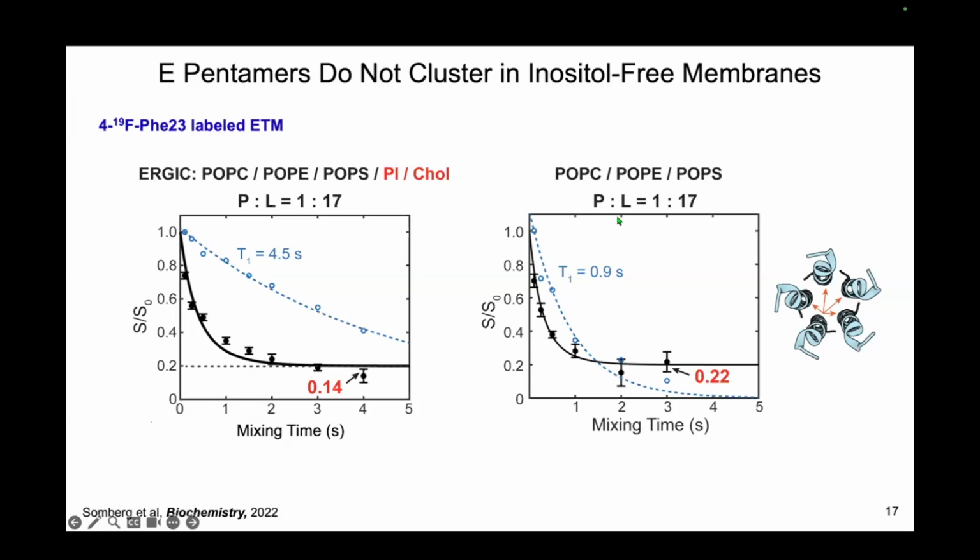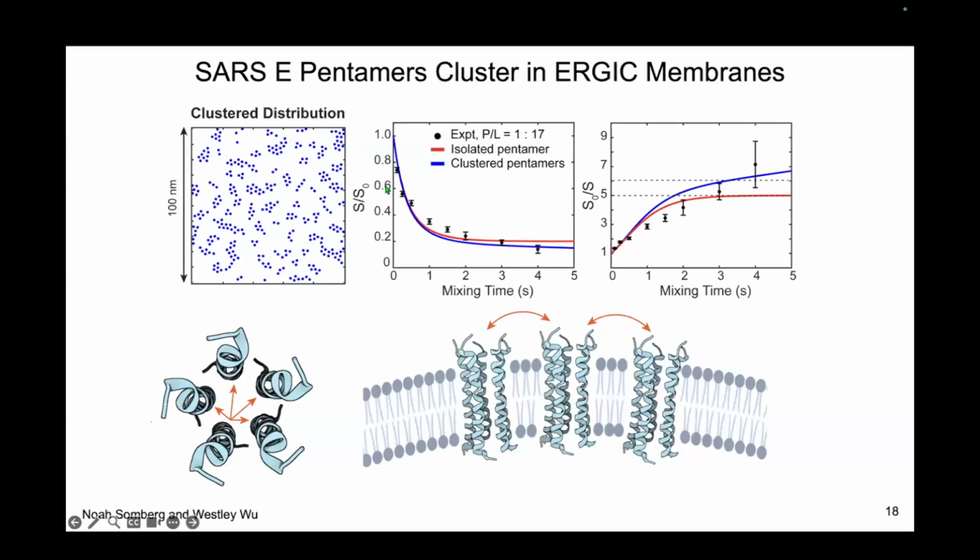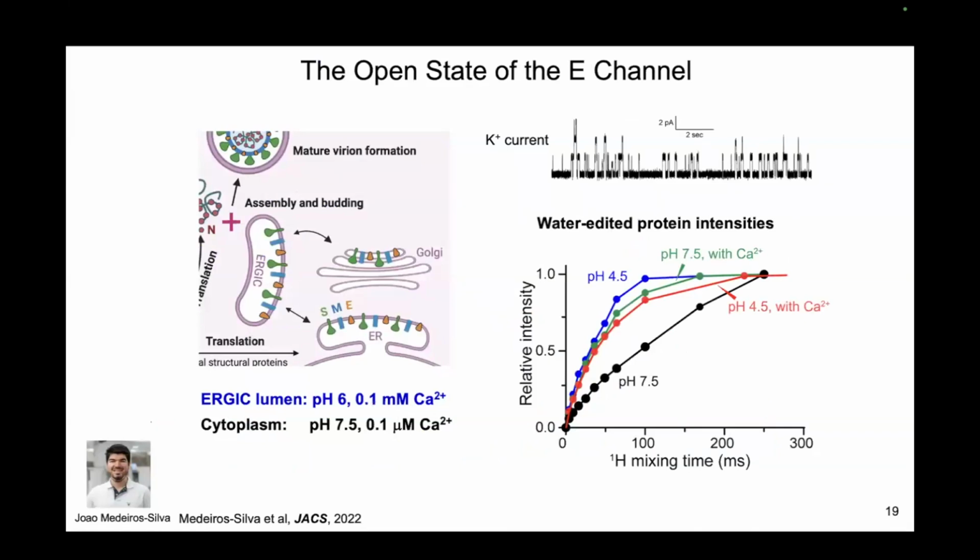We can show that if you remove cholesterol and phosphatidylinositol, then even at the high protein concentration, the equilibrium value is around 0.2, while having the PI and cholesterol is the reason for this further drop. So what we learned is that the basic unit of SARS-E oligomer formation is pentameric, but if you have PI and cholesterol in your membrane, you can have clustering going on, which would allow you to see more than 5 spins. This is a point of interest that we're investigating further.